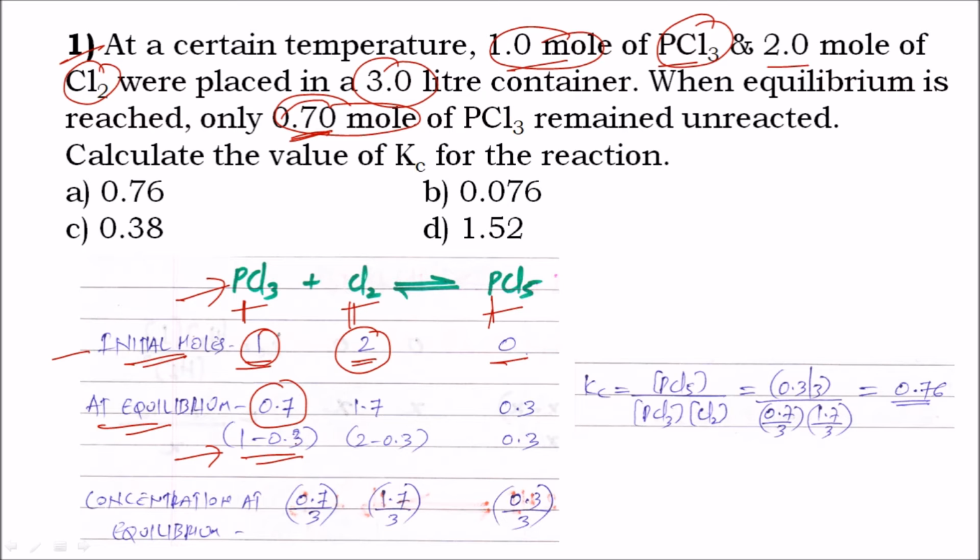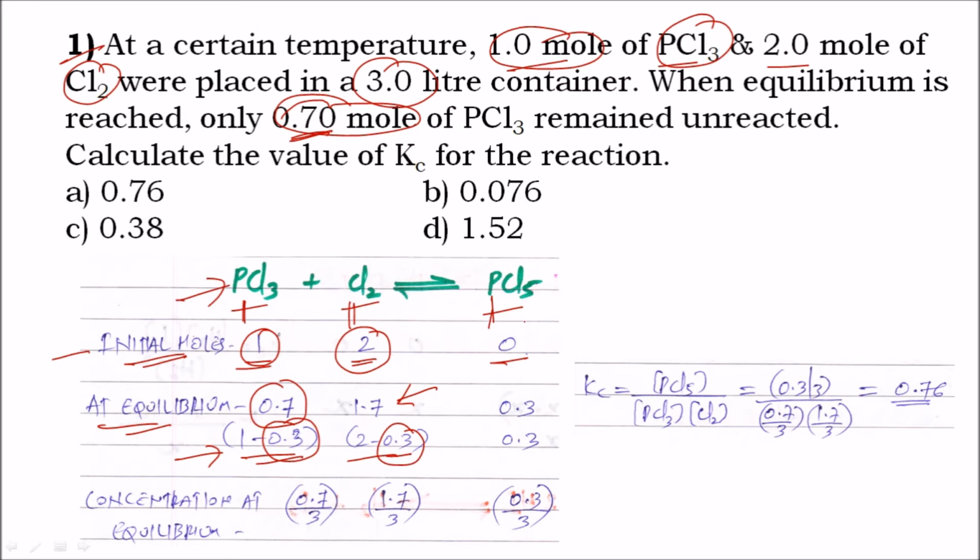If 0.3 is reacting, here also we should take 0.3. So initially 2, 2 minus 0.3 is 1.7. So the moles of chlorine at equilibrium is 1.7.